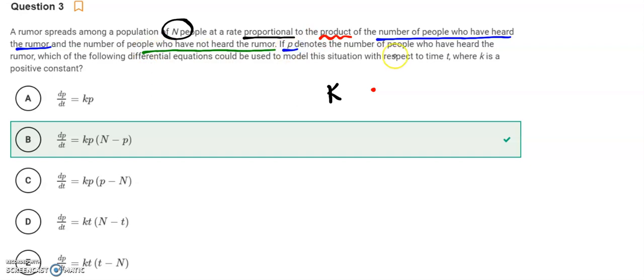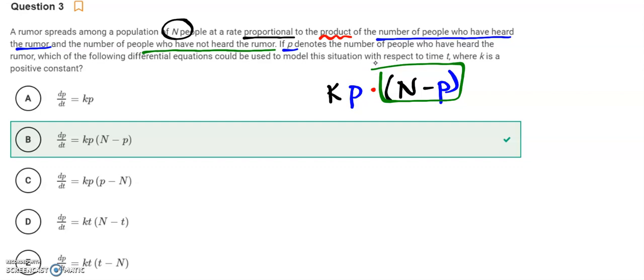P denotes the number of people who have heard the rumor. So that means our total population minus P represents all of the people who have not heard the rumor.